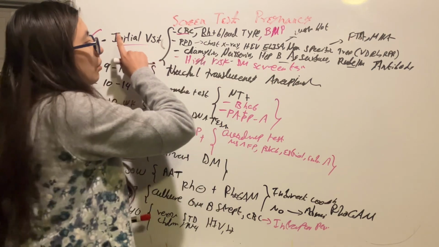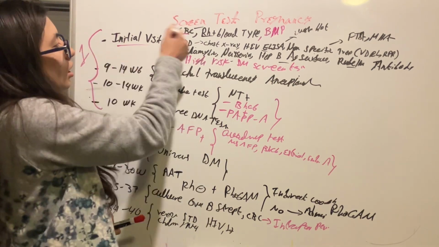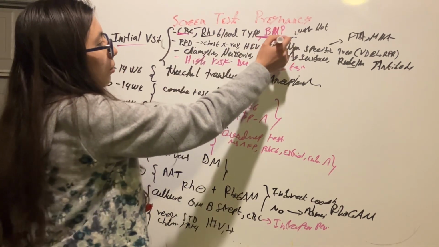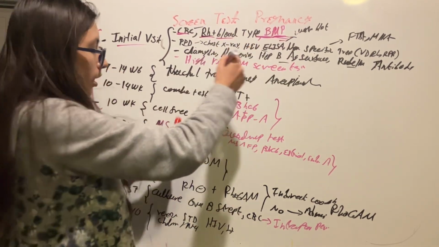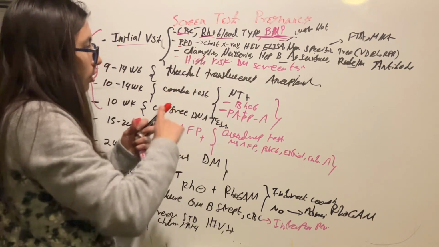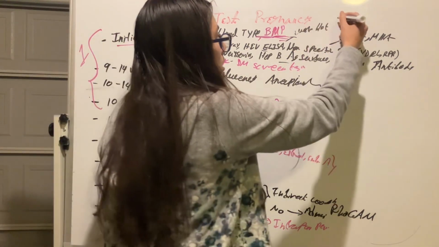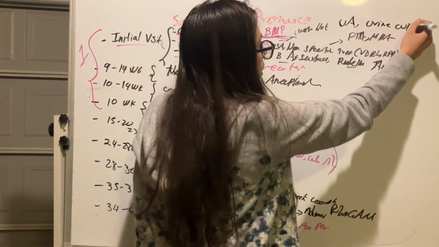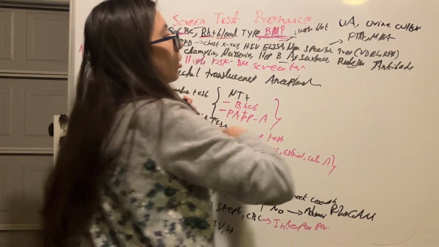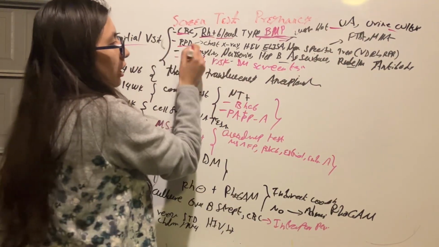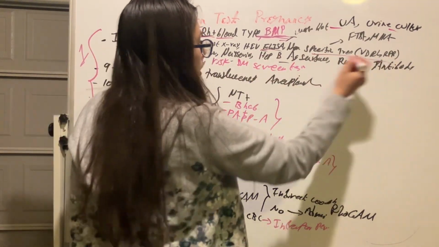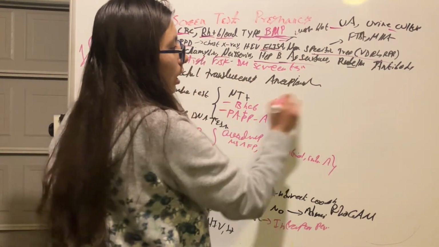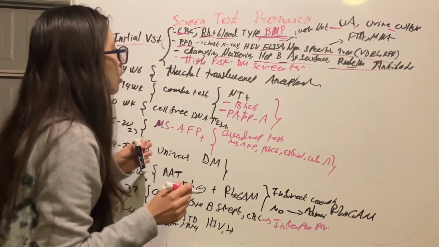So initial visit during first trimester, complete blood cell count, metabolic panel, Rh, blood type, urine analysis, and urine culture. PPD test, ELISA, non-specific Treponema test, chlamydia, Neisseria test, hepatitis B surface antigen, rubella antibodies.